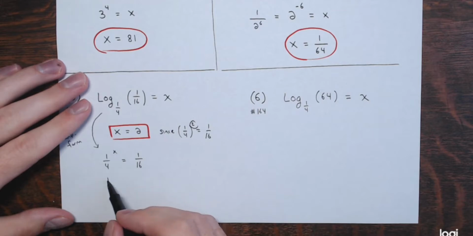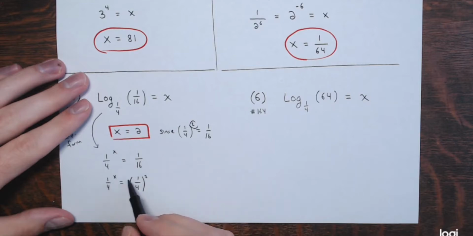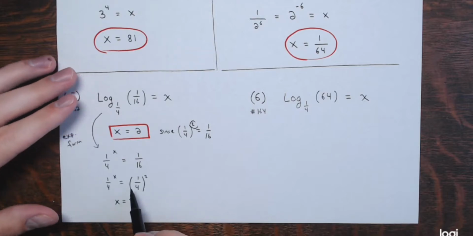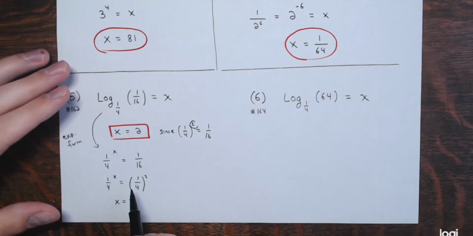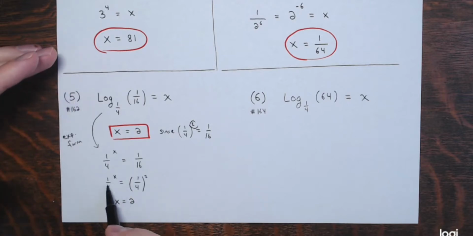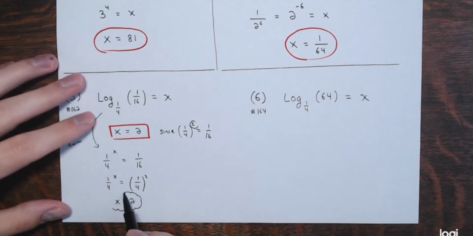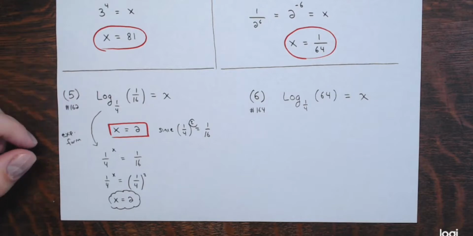This is 1/4 to the x equals, and then 1/16 is 1/4 squared, and then it's obvious that x equals 2. Because, based on that one-to-one property of exponential functions, two expressions with the same base are only equal if their exponents are equal. So x must be equal to 2. So that would be an alternate way to find it. But x equals 2 there.